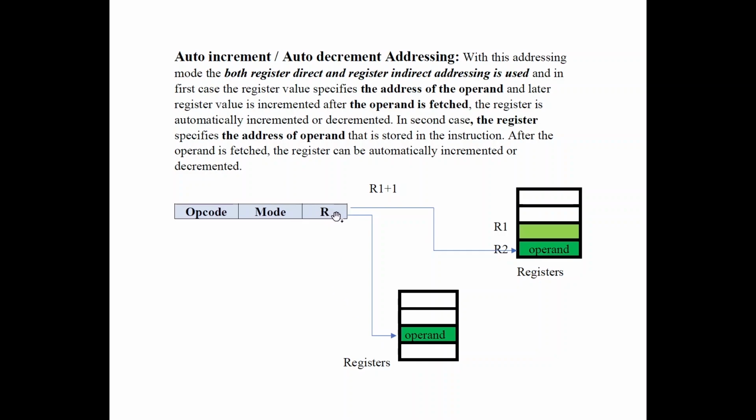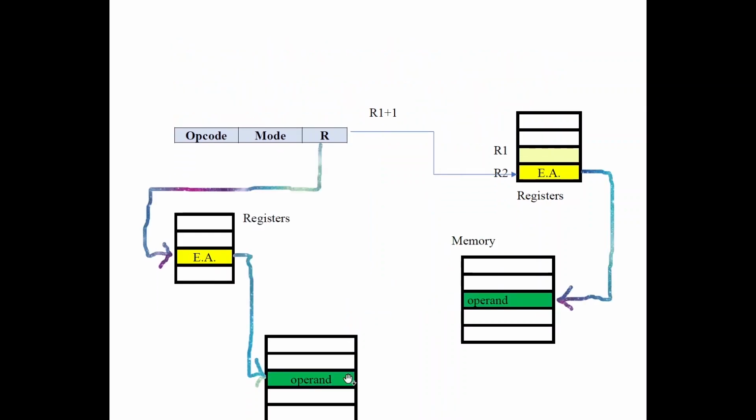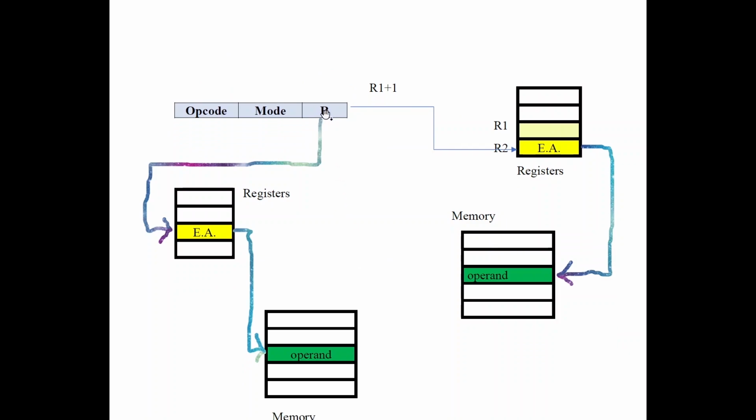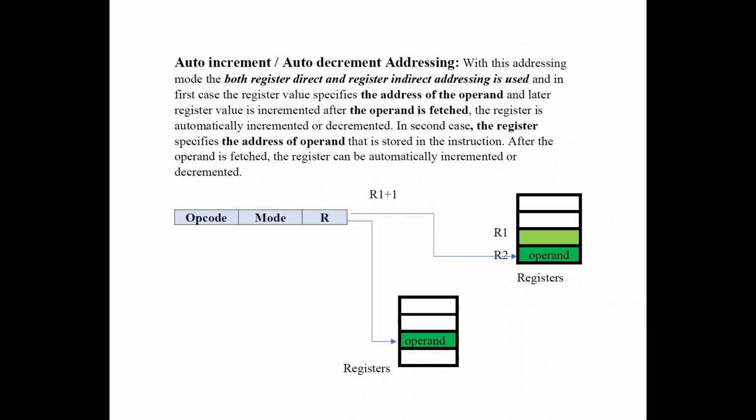The address field was pointing to the register where the operand was present, and in indirect addressing mode, the address part was pointing to the register which was holding the effective address of the operand. Both cases are the same. The only difference with auto increment is that after fetching the first operand, we are again incrementing the value of the register which points to the second register which holds the operand.